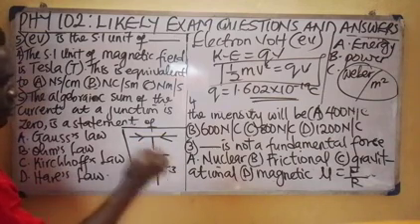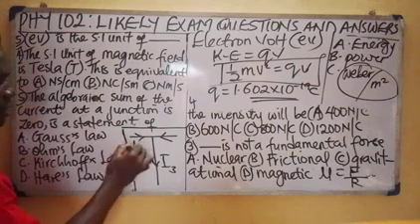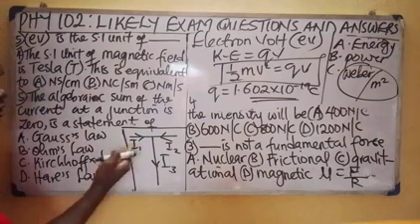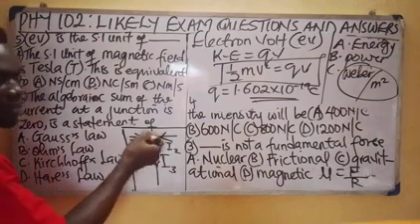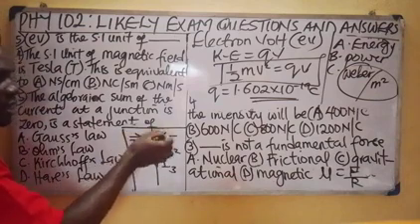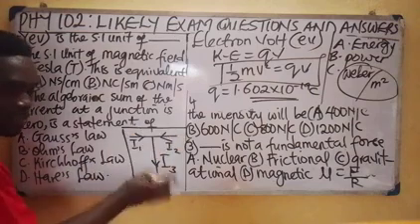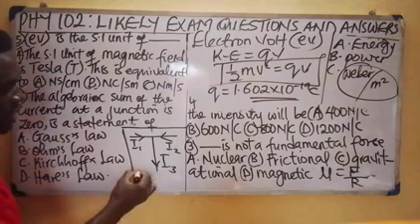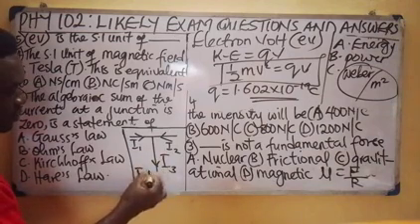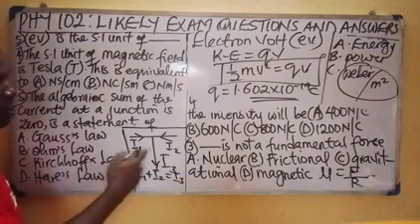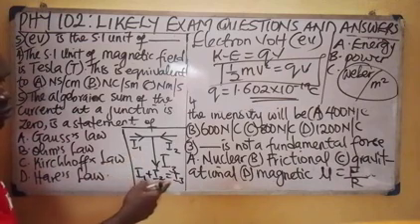This is I3, and this I1, then I2. So the current entering into the system is equivalent to the one leaving. So the sum of I1 and I2 is equal to what?